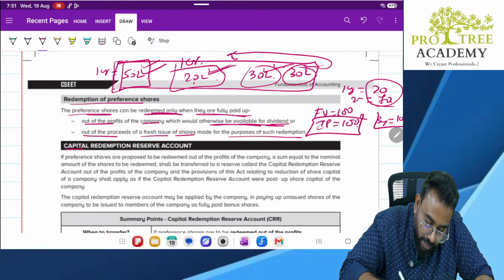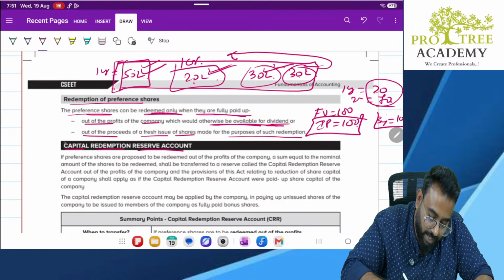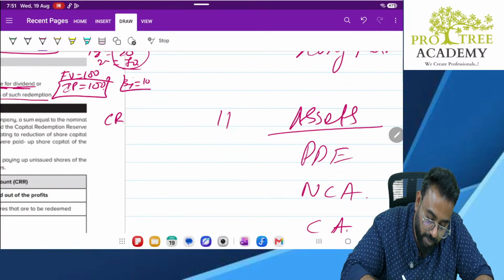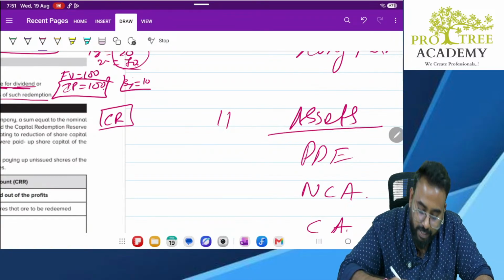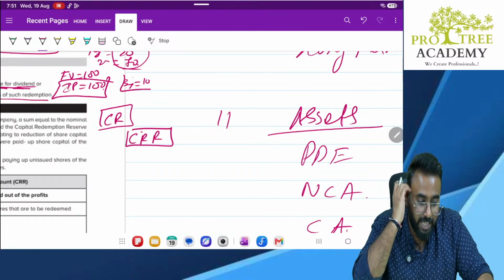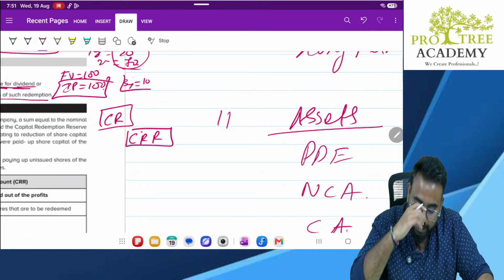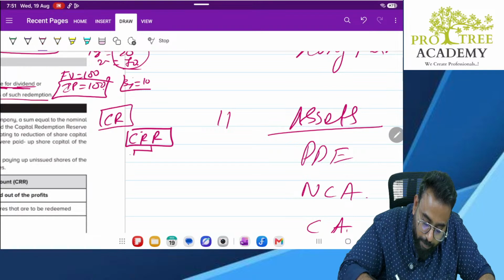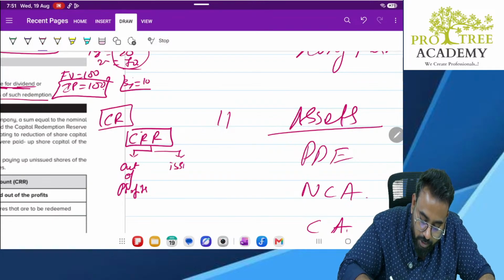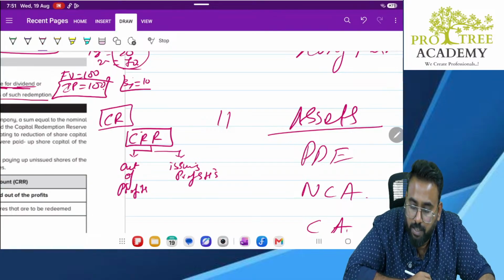Now, next is capital redemption reserve. This is an account. Sir, what is this capital redemption reserve? We have heard about capital reserve. Now, what is this CRR? See, what CRR says is, you can redeem preference shares in two ways, correct? One, out of profits. Second, by issuing preference shares.